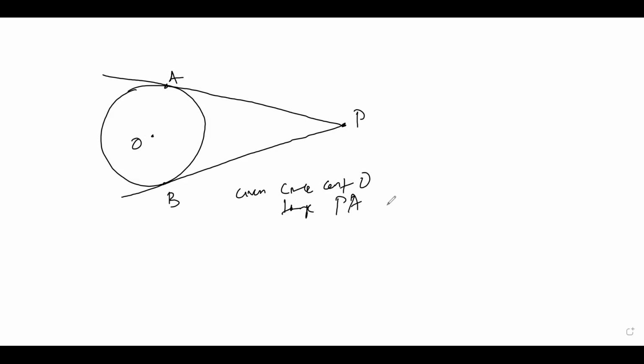That's tangent number 1, that's tangent number 2, okay? So that's point P. This is A. This is B. That's the circle with center O. So you are given a circle with center O, and you are given tangent PA and tangent PB.